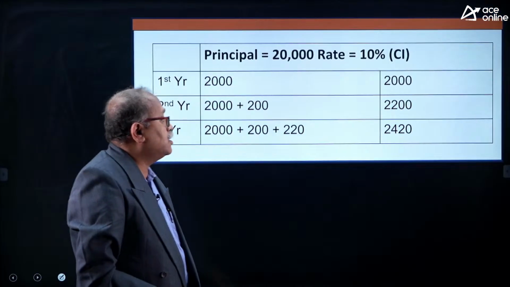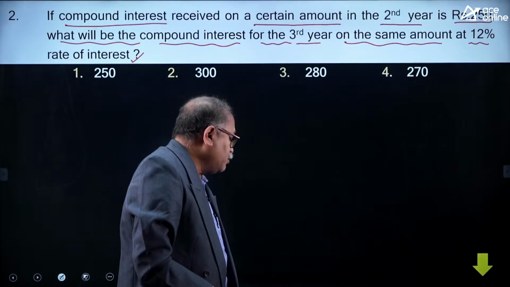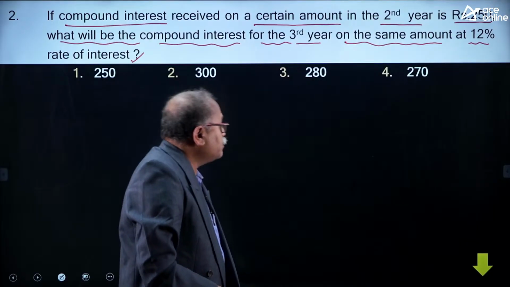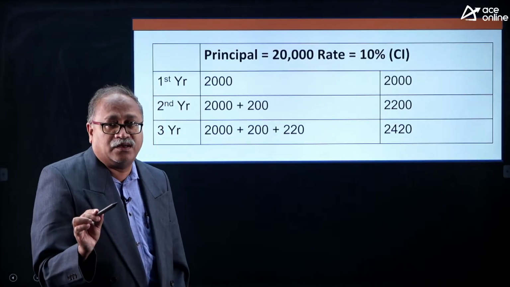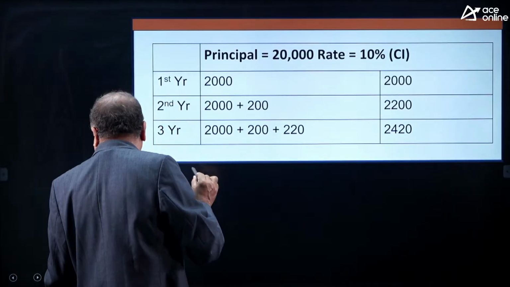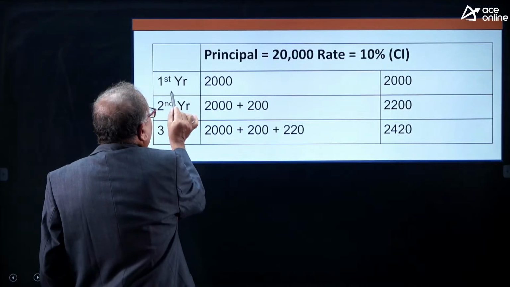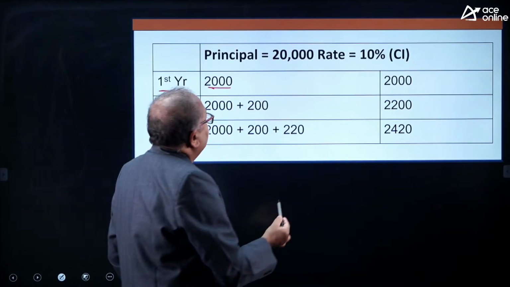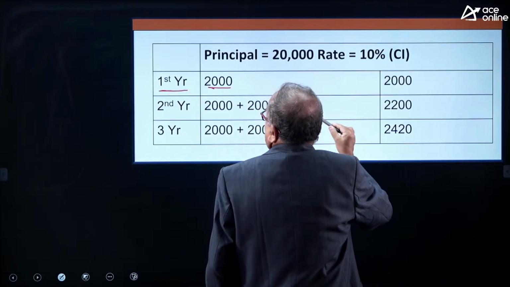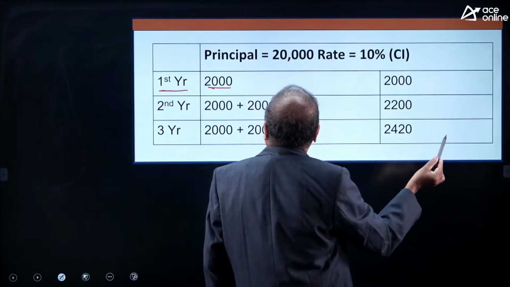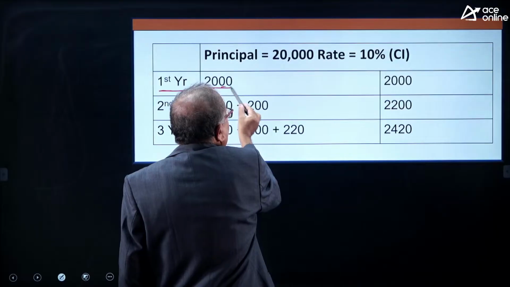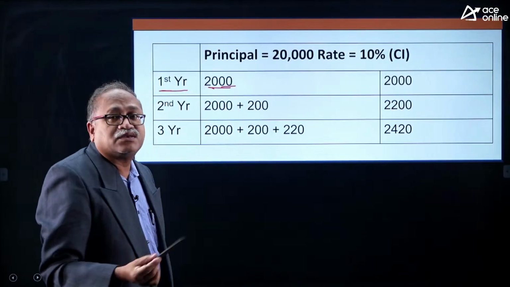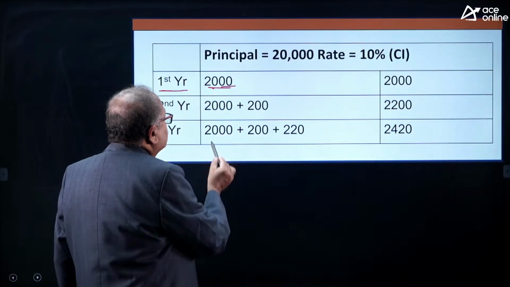Mr. Pandu, I am sure you will be able to answer the question, but before that let me show you one thing. First year, if the principal is 2000, let's take that 2000. In the second year, what will happen?